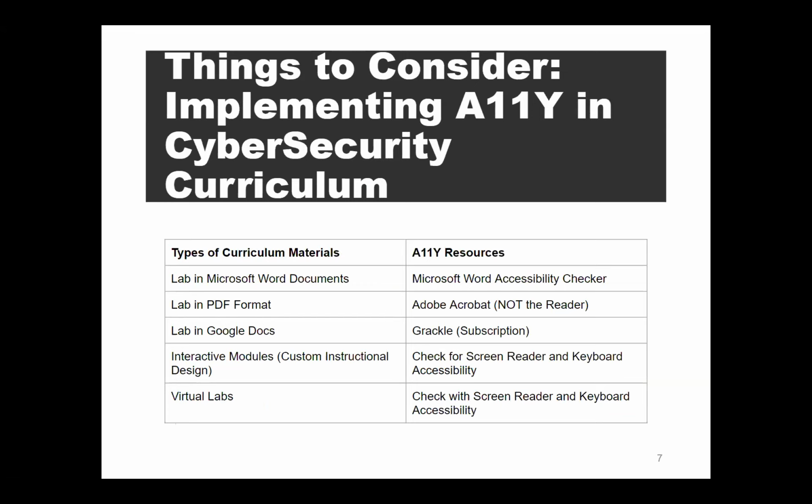So I have this slide here. I put everything there, the things we usually use. A lot of us use Microsoft Word documents, and Microsoft Word has an accessibility checker. If you use that one, it's simple. You just run the checker, and it tells you and suggests changes, and then you can make them. For PDF files, Acrobat Reader doesn't have a checker, but if you have the professional version of Adobe Acrobat, there is an accessibility checker.